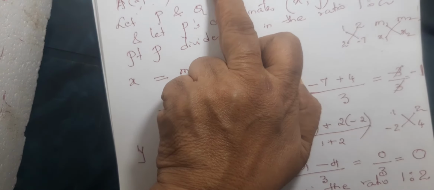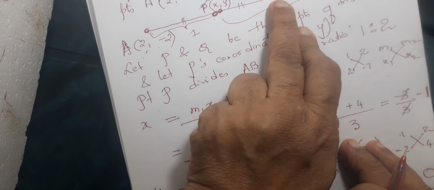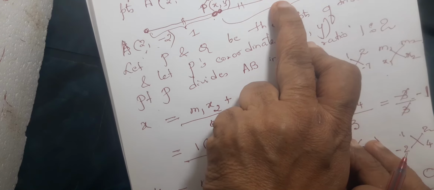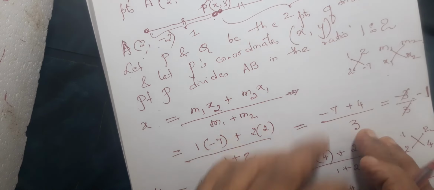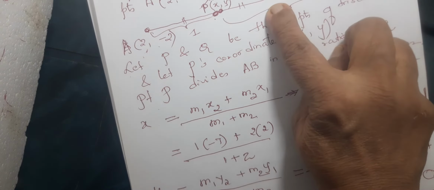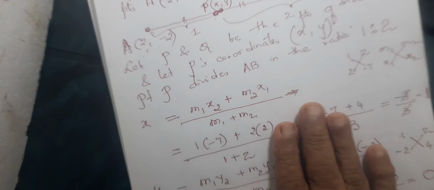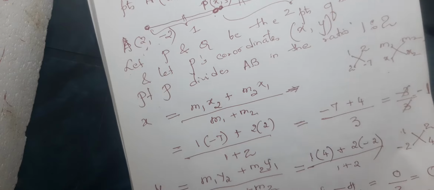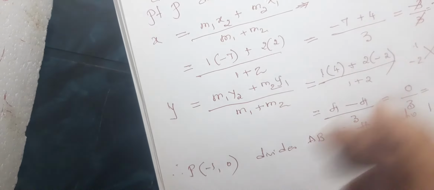Now what you can do is, you can find the coordinates of Q. Again you can take it as xy. Find the coordinates of Q by taking the ratio 2 and 1. Just like this you can follow. Okay, 2 and 1. So that is one method.